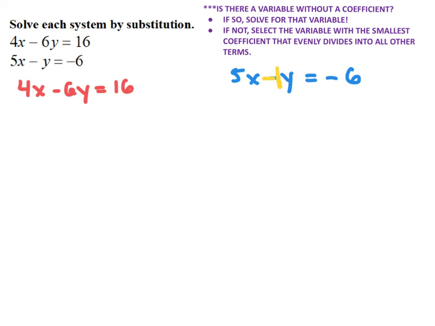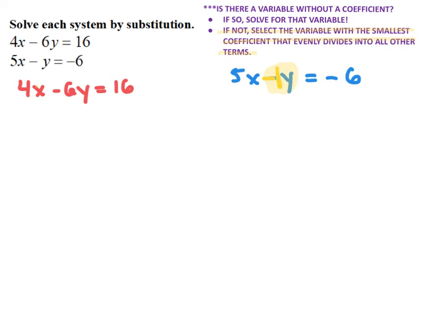However, the second part says, if not, select the variable with the smallest coefficient that evenly divides into the other terms. If we're selecting the one with the smallest value-wise, ignoring the signs, I have a 4, a 6, a 5, and a negative 1. Now this negative 1 is the smallest value, so we're going to select this equation, and also it divides evenly into 5x and negative 6, satisfying both parts of that requirement.